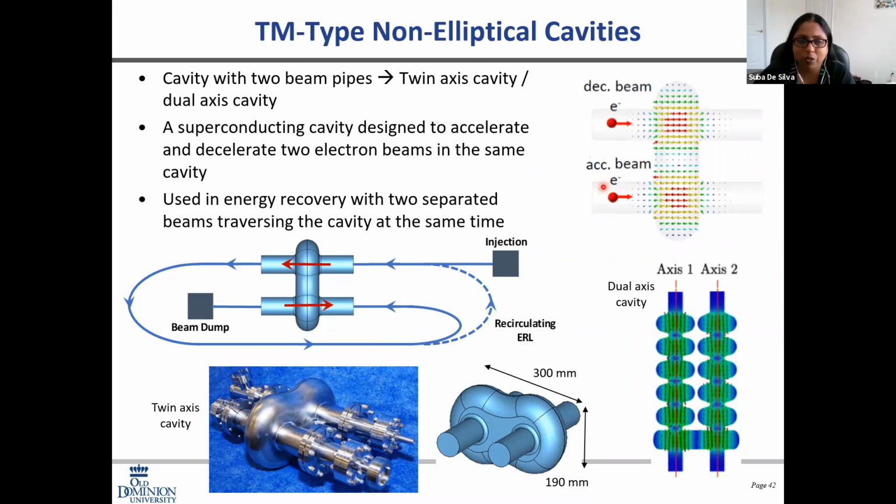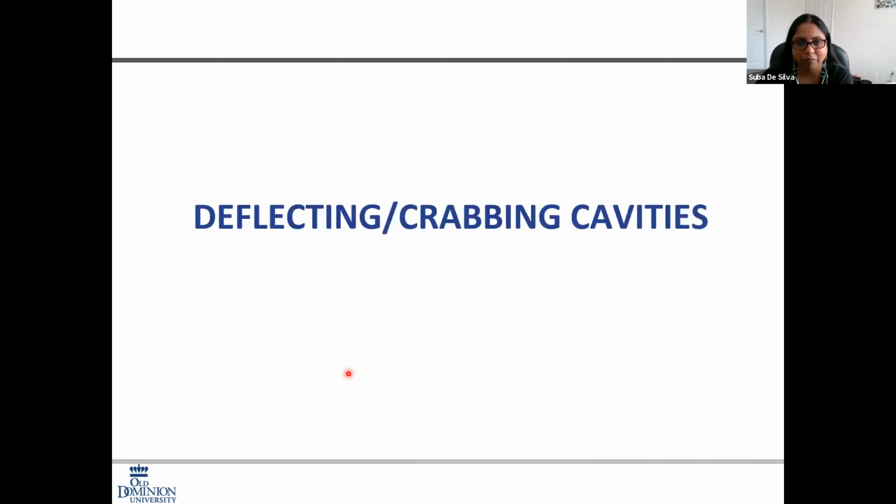This one was proposed for energy recovery linacs, and you can use it where you have the merging of the two beams in an energy recovery linac, or even to accelerate one beam and decelerate the other beam. So you use the energy of the decelerated beam to accelerate the other beam, so you can use the power efficiently. But this is a prototype build. It's not used in a machine at the moment, but there's potential in the cavity geometry.